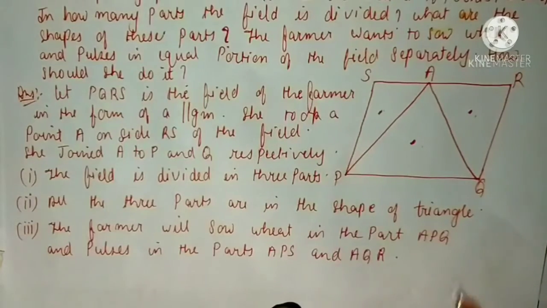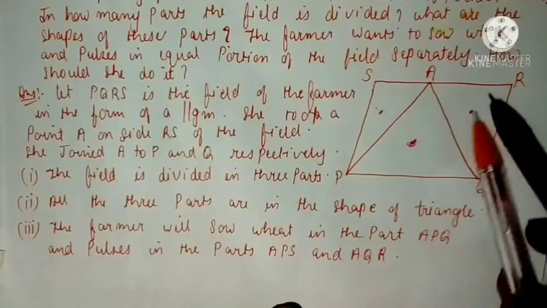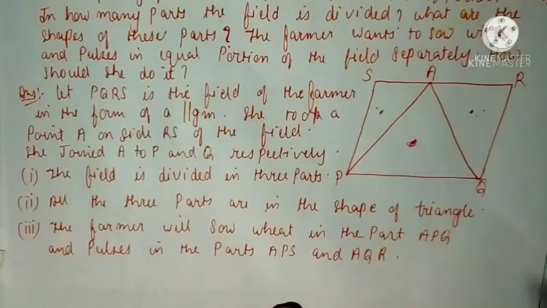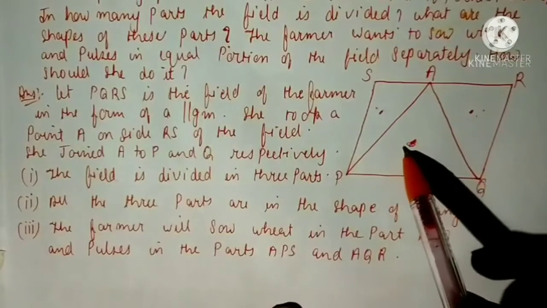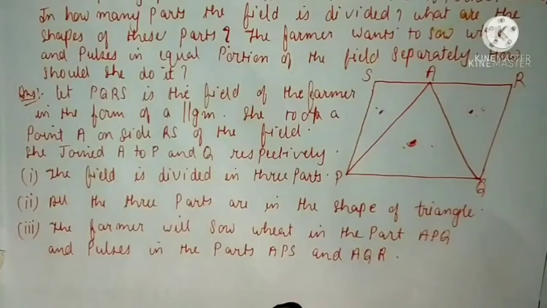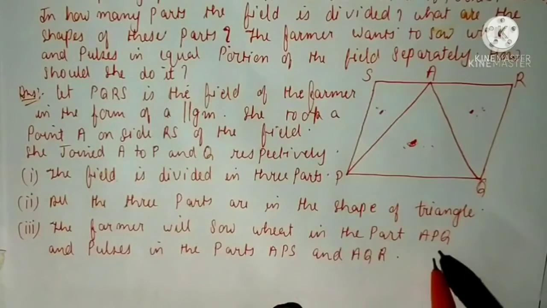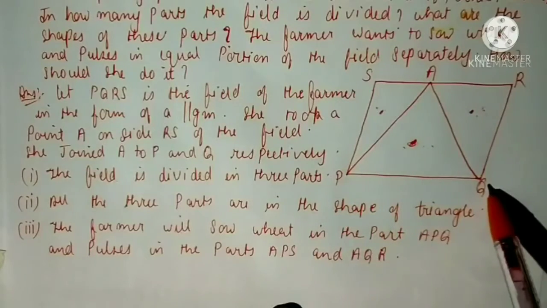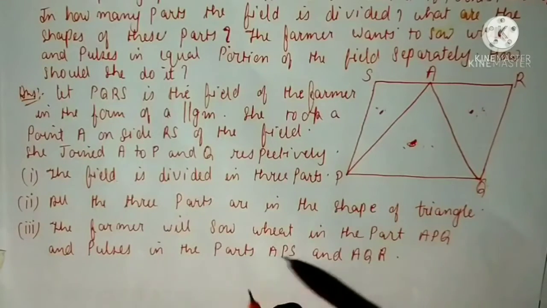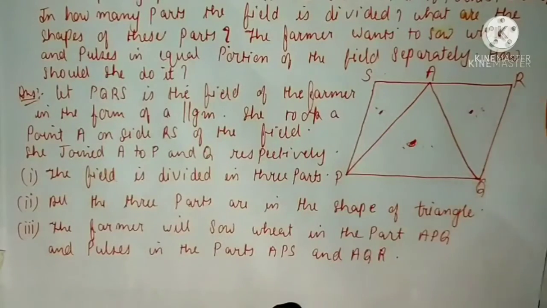That means this is one half of the area of the parallelogram and these two together will form the other half of the area of the parallelogram. So the farmer can show wheat in this triangle and pulses in these two triangles. Okay, so the answer of the third one will be the farmer will show wheat in the part APQ and pulses in the parts APS and AQR.